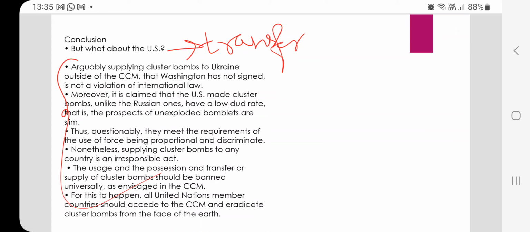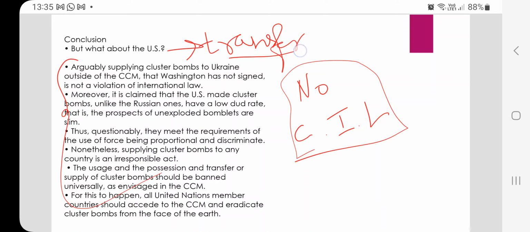Here the US is not using the cluster bombs. It's simply transferring them. There is no customary international law that prohibits the transfer of these weapons. So legally speaking, the US is not violating any international law by transferring cluster bombs to Ukraine. If both were parties to the convention, that would be a different case. The transfer of cluster bombs should be prohibited, right?